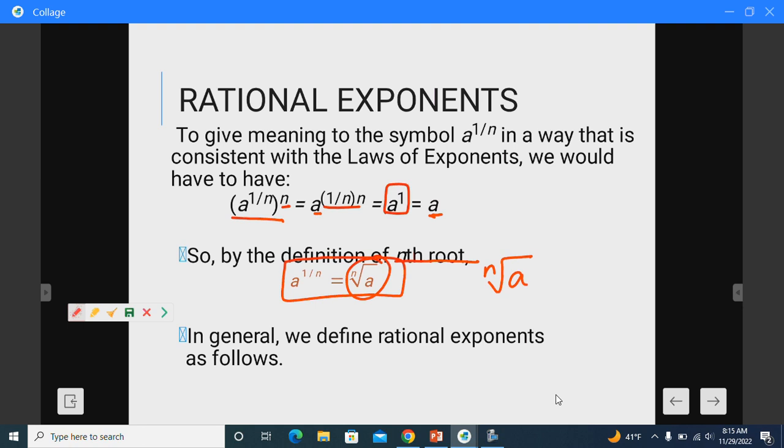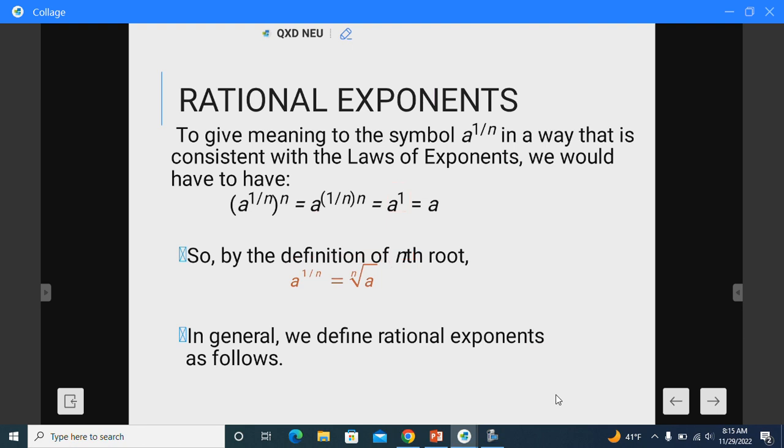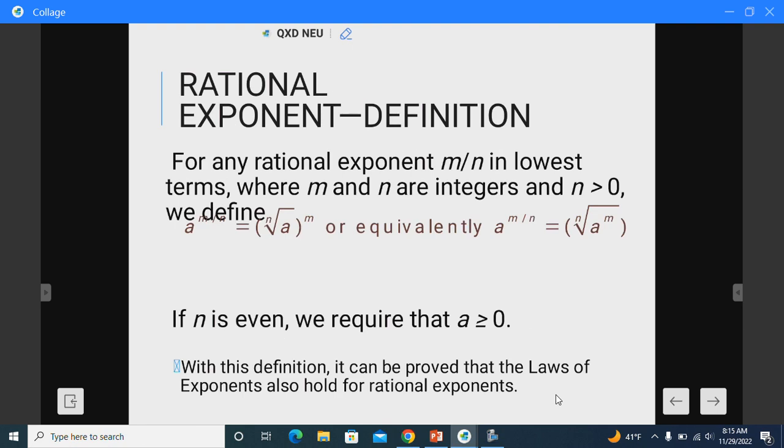In general, we define rational exponents as follows. For any rational exponent m over n in lowest terms, where m and n are integers and n is greater than 0, we define a to the power of m over n as equal to the nth root of a to the power of m.